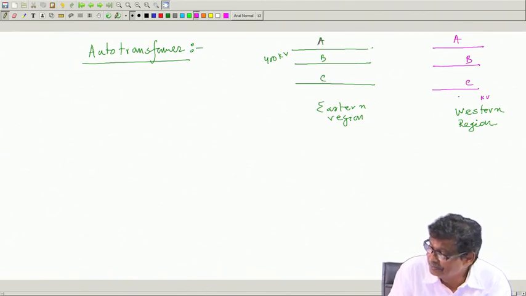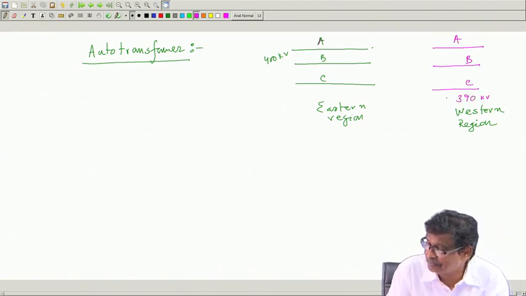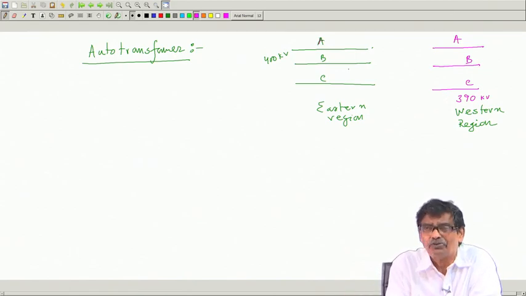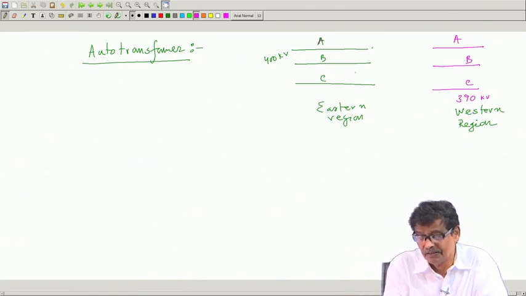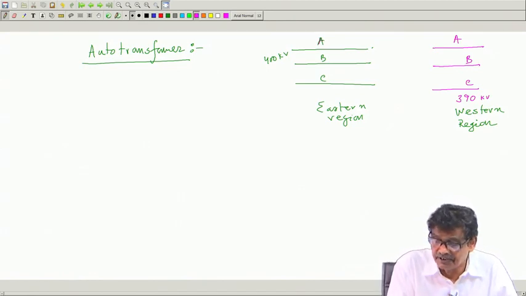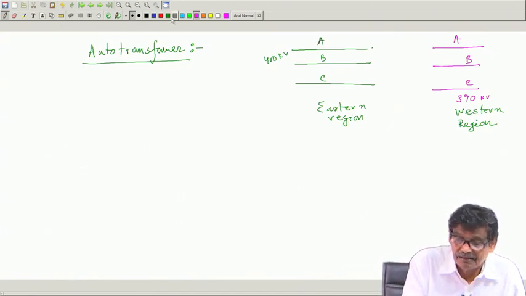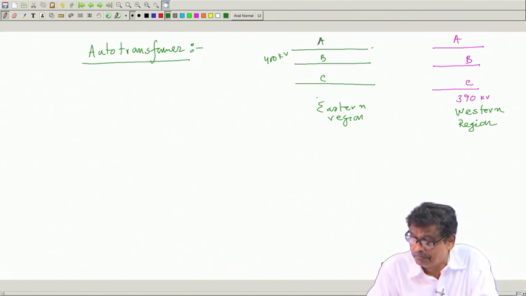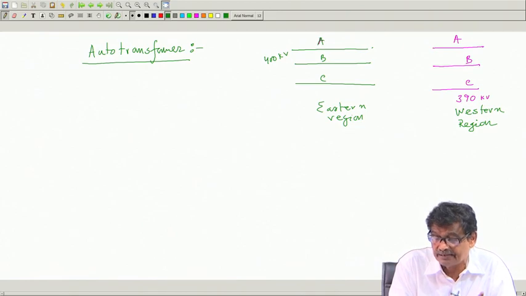Are you getting? Because of loads here also it is not 400 kV, maybe 402 kV or say 395 kV. Because these systems are loaded, the bus voltage may not exactly match. Suppose it is 395 kV.